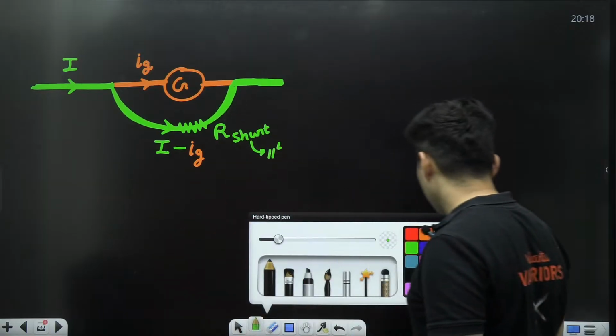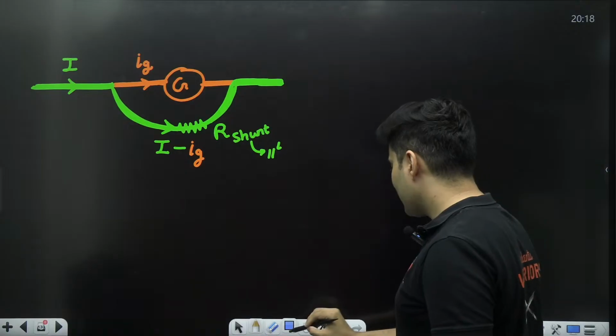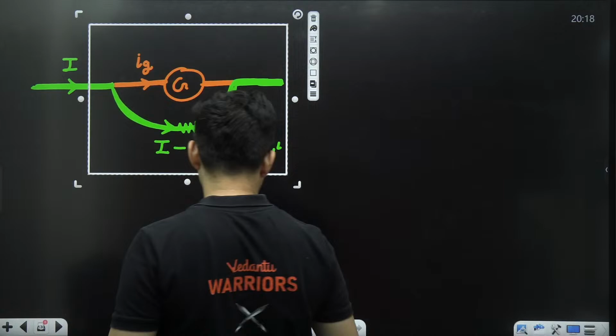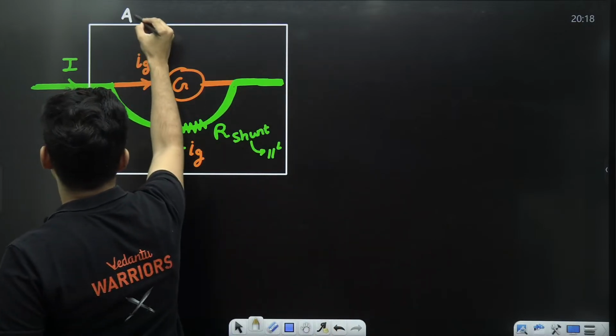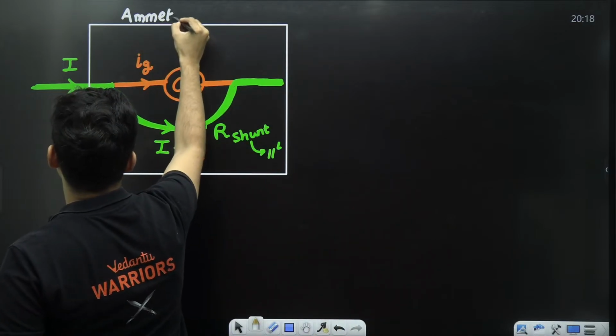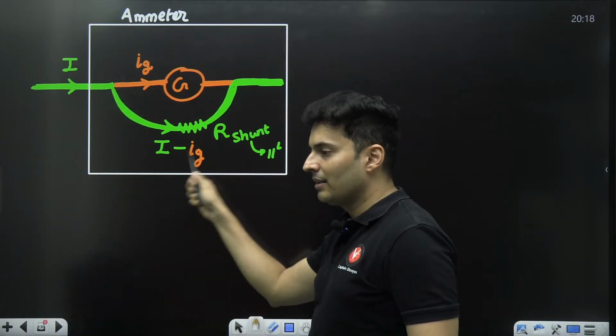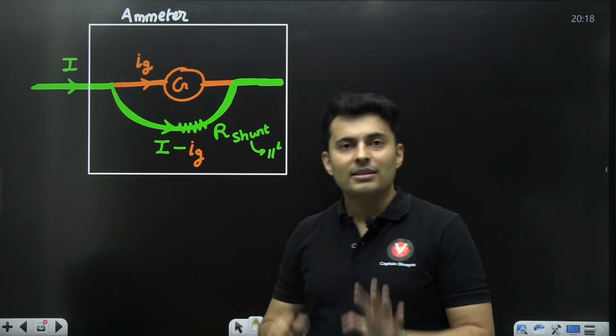So if this thing is packed inside a box, this is then called your ammeter. So an ammeter is nothing but a galvanometer connected in parallel to another resistor. That's it.